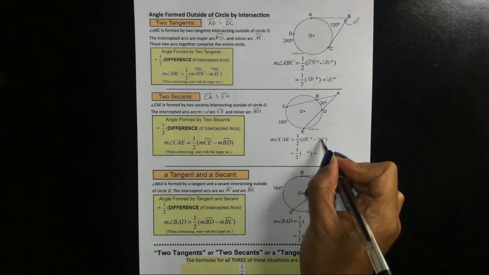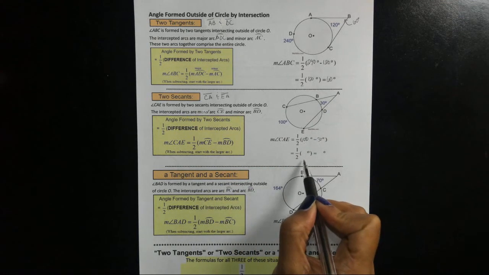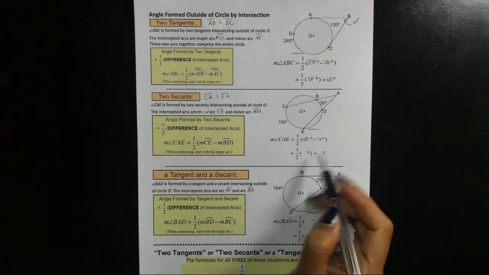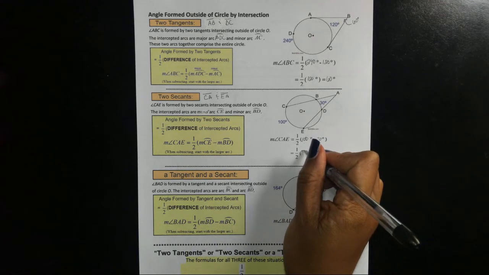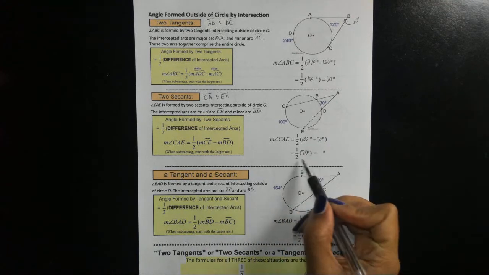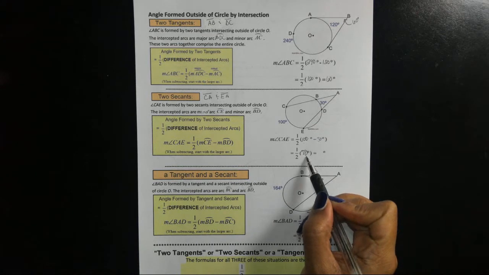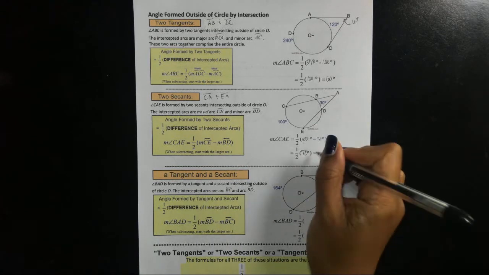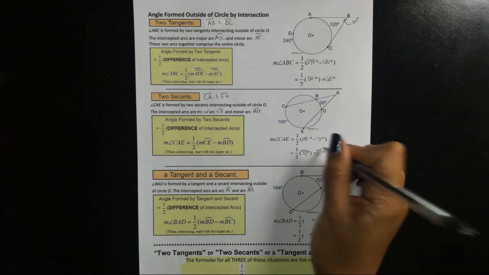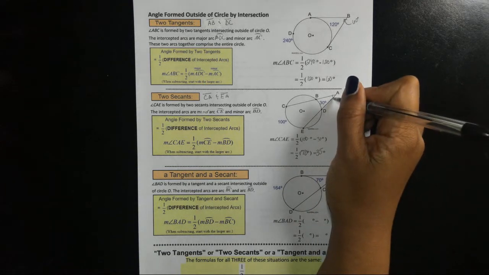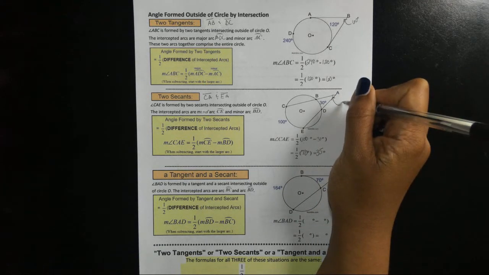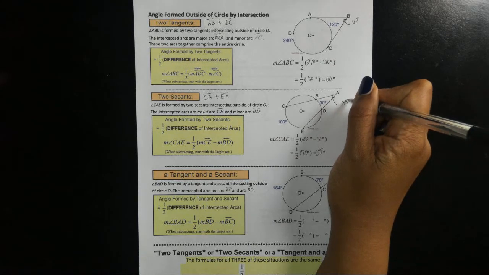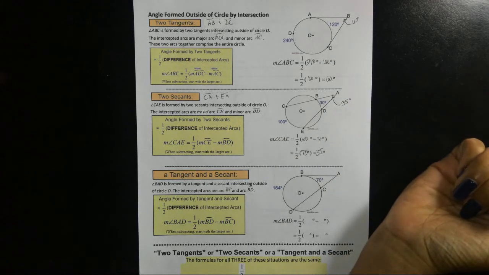So notice all we're doing is taking the formula and continuing it on. And once we do that quick math, we do end up with 70. And when I multiply by a half, of course, we know that half of 70 is going to be 35. So we know that this angle here is going to be equal to 35 degrees.